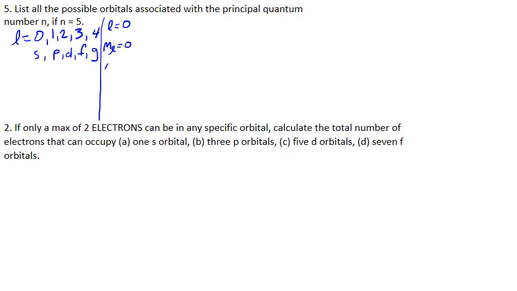So that's 1 s orbital. I think I might run out of room. If L is equal to 1, my m sub L values can be minus 1, 0, and 1, minus L to L, corresponding to 3 p orbitals.